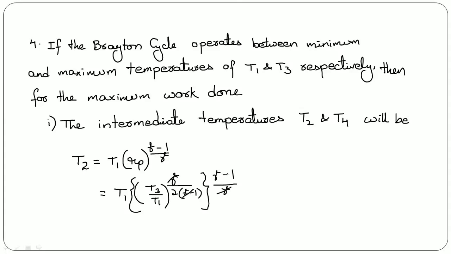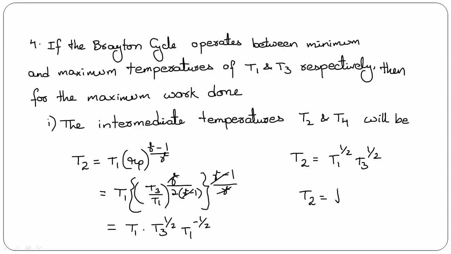So these two will get cancelled. So from this we can write T1 into T3 power 1 by 2 T1 power minus 1 by 2. So we can write this as T2 is equal to T1 power 1 by 2 T3 power 1 by 2, or T2 temperature will be under root of T1 T3.